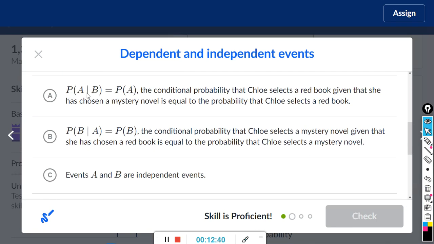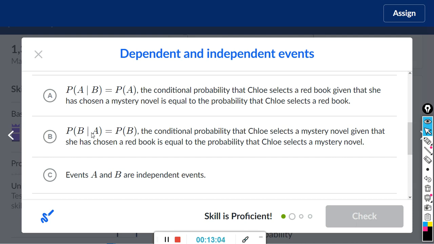Okay? We said before, for this to be true, the events have to be independent. We just did that in the last problem. So since we said it's dependent, this is not true. And then in part B, all they did was reverse it. Here they have A given B equals A. Here they have B given A equals B. That's the same thing, basically. Okay?